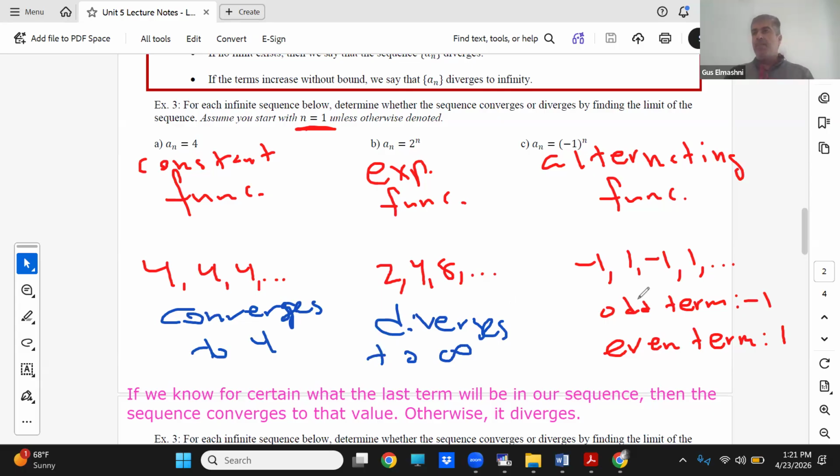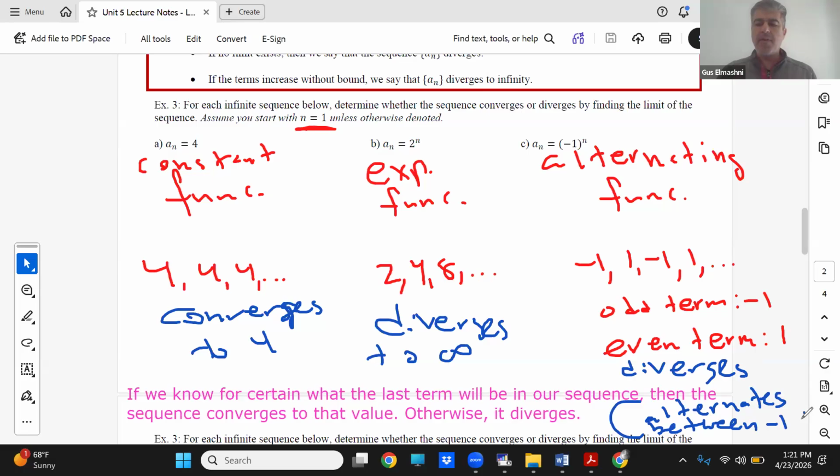Now here, there is some predictability. Every odd term is -1, every even term is 1. But do I know what the last term is? No. And you can say it diverges. You don't know what it diverges to. You could say alternates. If you want to be a little more clear, alternates between -1 and 1.